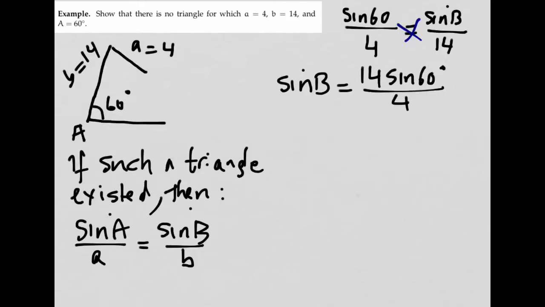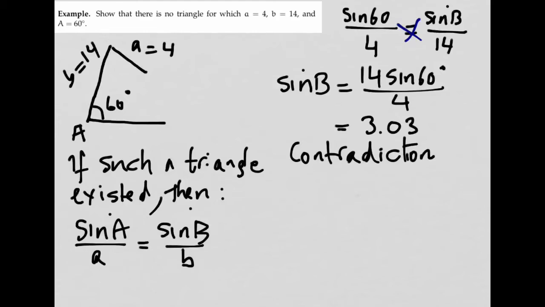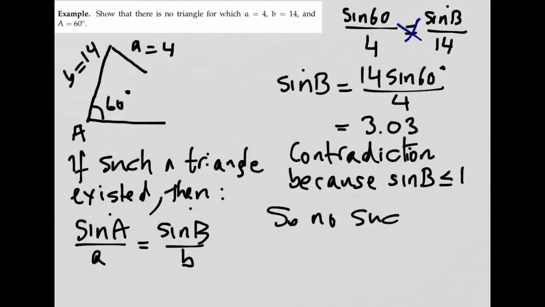And if you do that with your calculator, you'll see that this gives 3.03, which is a contradiction, because sine B cannot exceed 1. So our original assumption is wrong, namely that the triangle exists, so we can conclude that no such triangle exists.